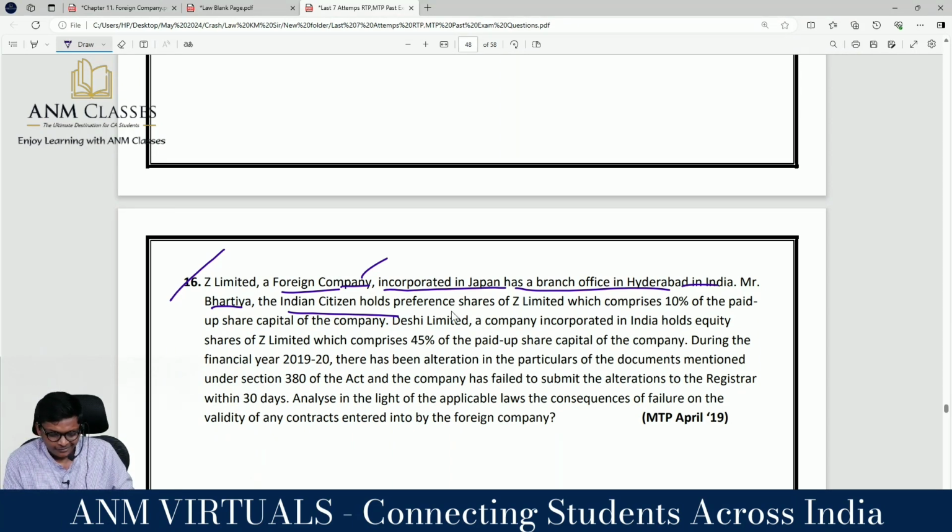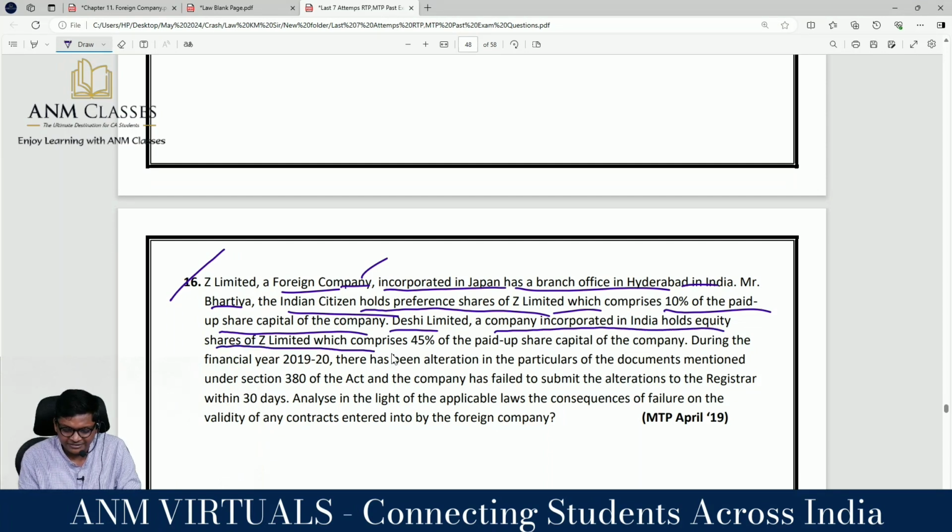Indian citizen holds preference shares of Z, which comprises 10% of the paid up share capital. Desi Limited, a company incorporated in India, holds equity shares of Z, which comprises 45% of the paid up share capital. Now, is it a foreign company? Yes, it should follow all provisions because 10 plus 45 is 55, I am saved. Not less than or more than, I don't care. More than 50 came off.